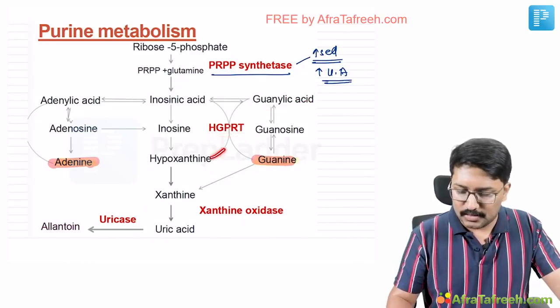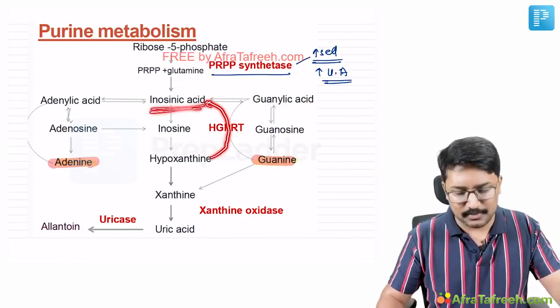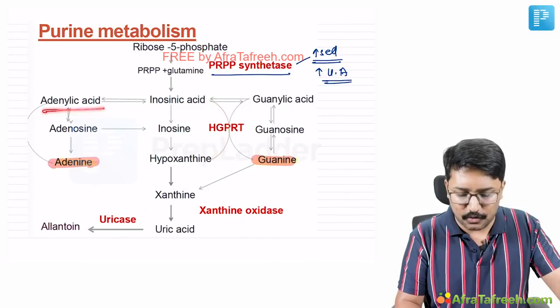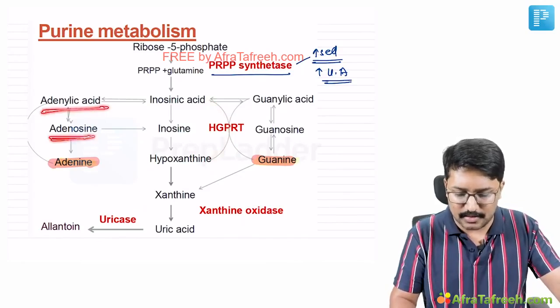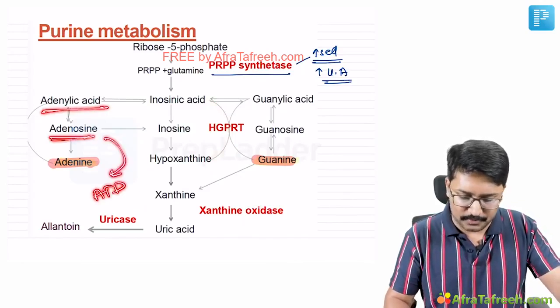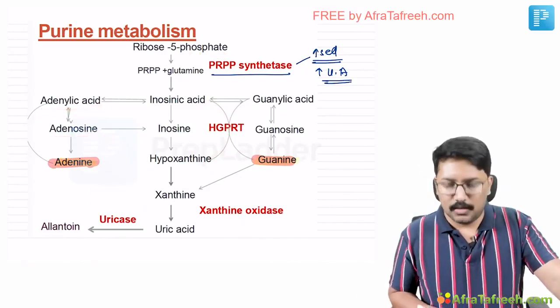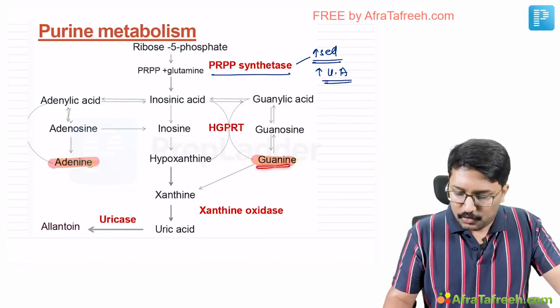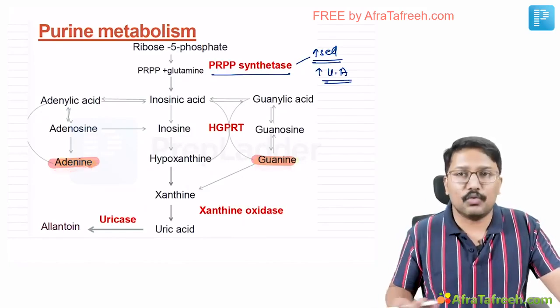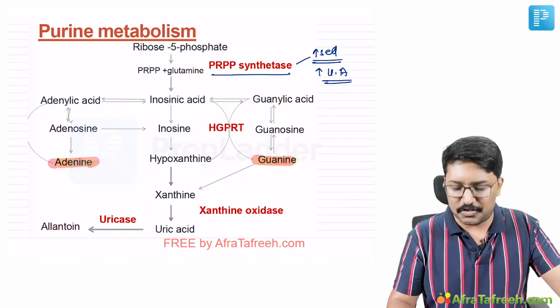Then hypoxanthine can also be converted to inosinic acid, and thus it can be used for formation of adenylic acid, thus adenosine, and then eventually ATP and its precursors, ADP and AMP. So this conversion of these purine bases back to the purine pool is done by HGPRTase.